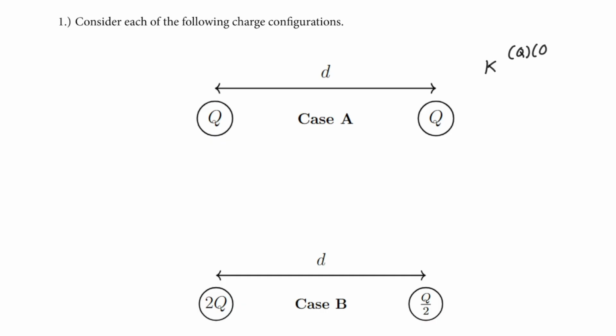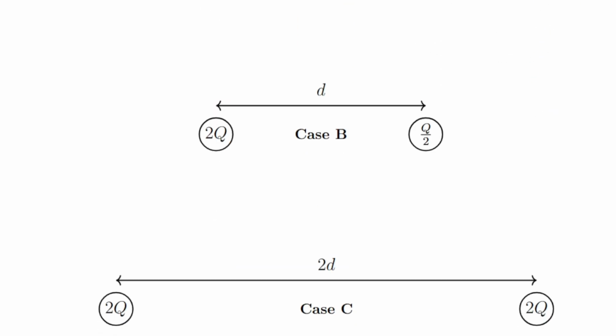Both charges are q, and the distance is d. So I get sort of the base case of Coulomb's law, kq squared over d squared. Then for case B, we have our k, we have a 2q, we have a q over 2, and we still have a d. So the 2q and the q over 2, well, that makes 1. So this is also kq squared over d squared.